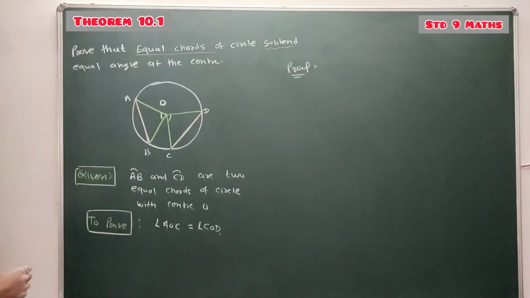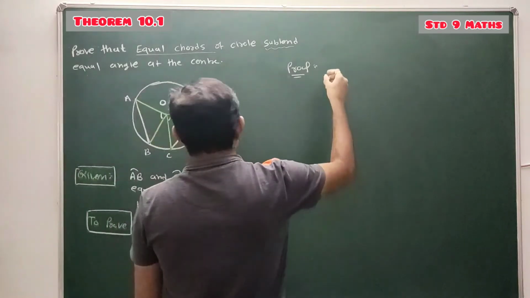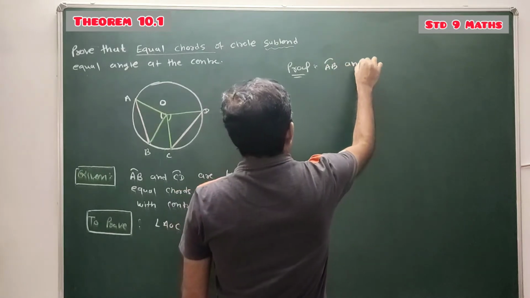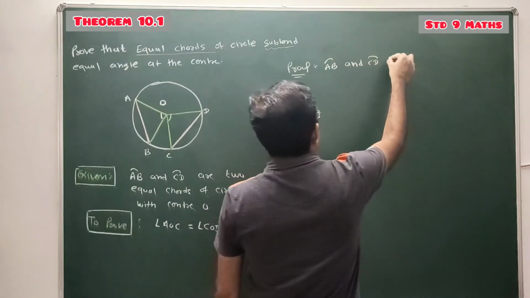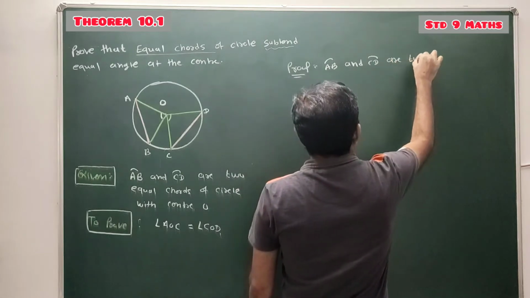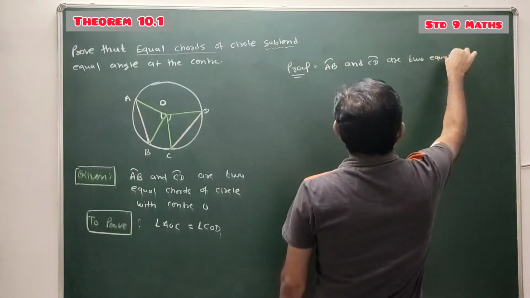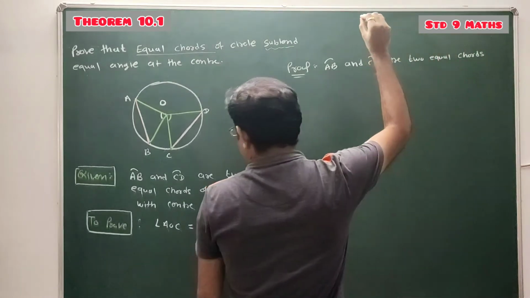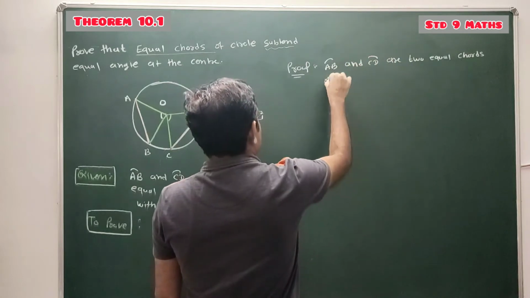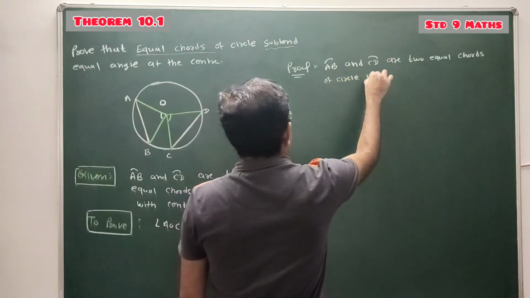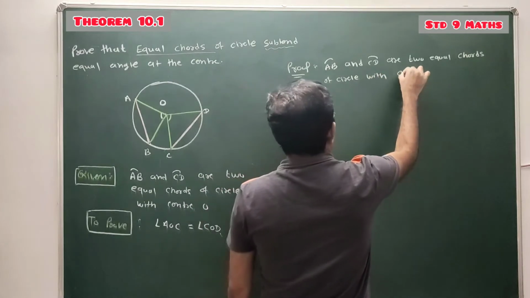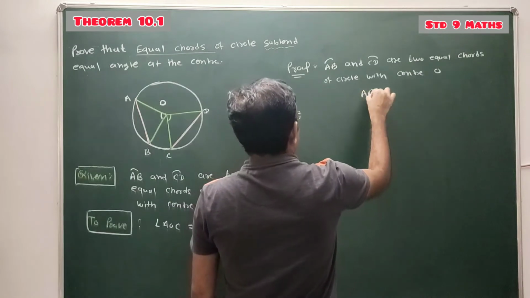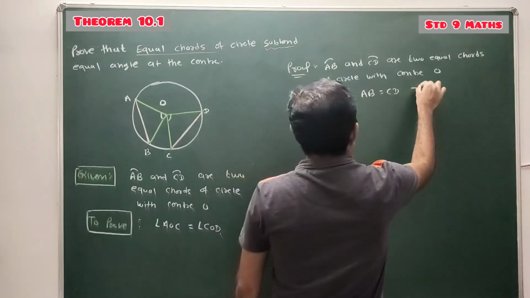AB and CD are two equal chords of circle with center O. So first you have to write: chord AB and chord CD are two equal chords of circle with center O. So the lengths of chord AB and CD are both equal.